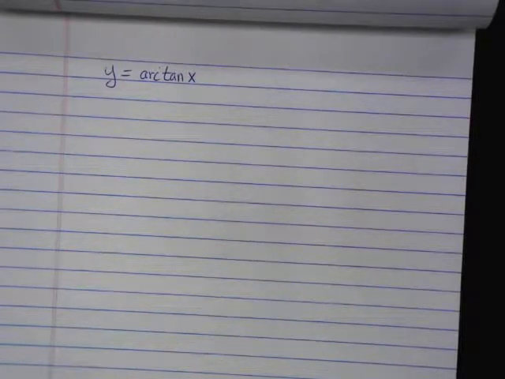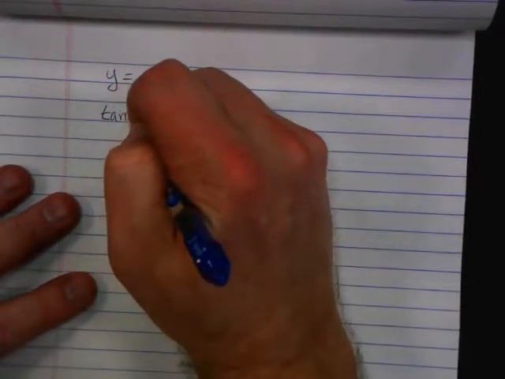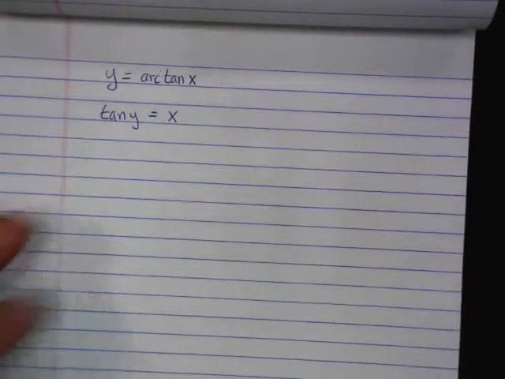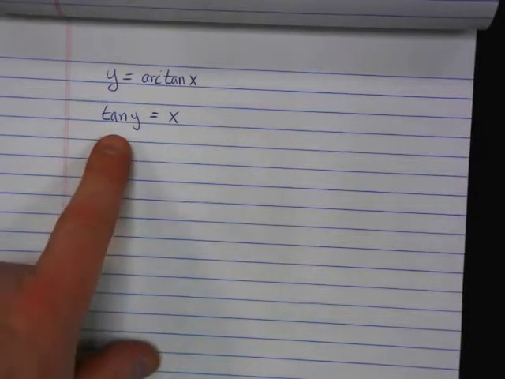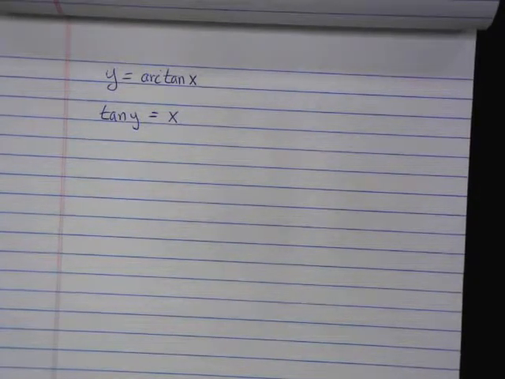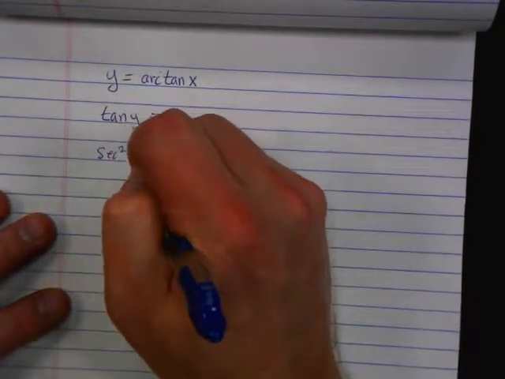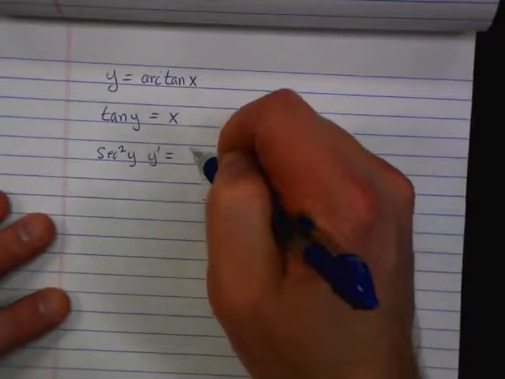I'm going to derive the formula for arc tangent, and the way we did it is we applied the tangent function on both sides. So tangent of y is x, and then we took the derivative. What's the derivative of tangent? Secant squared. So we're going to have secant squared y prime equals 1.